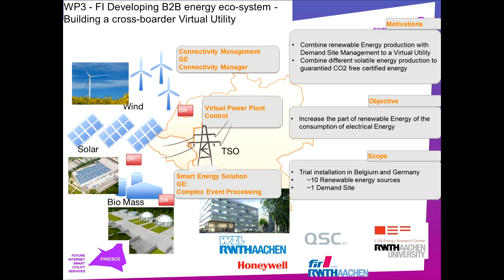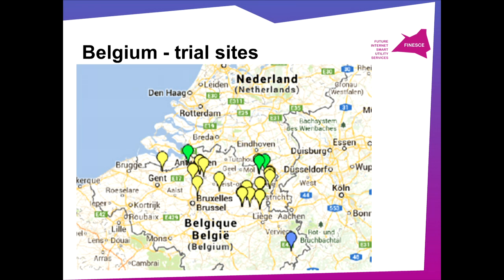Here we're doing it also in Belgium and in the western part of Germany. The yellow sites are photovoltaic, the green ones are biogas, and in Belgium there's not so much wind at the moment; we have integrated one wind site.